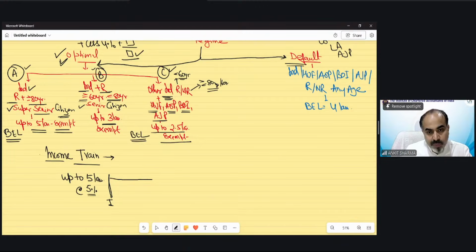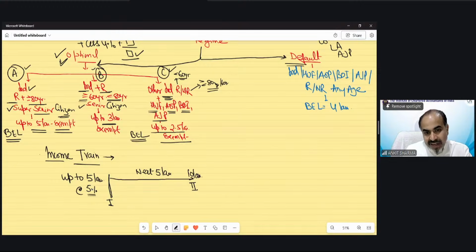The next stoppage, the second platform, is for the next 5 lakh rupees. That means total income is up to 10 lakh rupees.